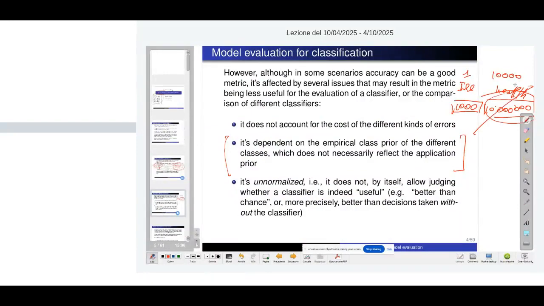So my evaluation dataset will not have the same prior as the application because it's just not feasible. And then what happens if I want to see what would happen in different applications? I would have to start throwing away samples. For example, I would like to know what happens if the probability of illness is 0.01.